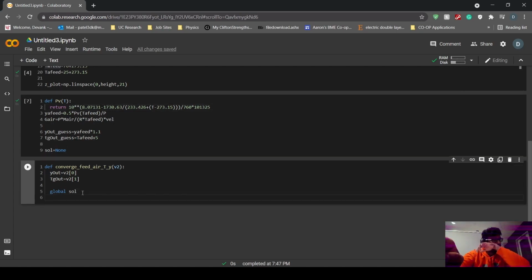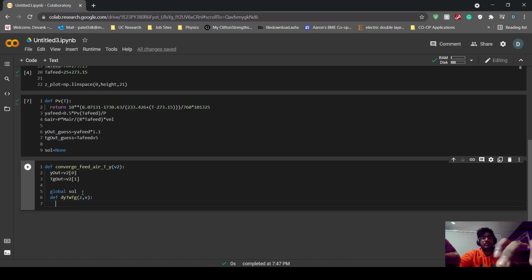And inside of this function, we're going to nest another function. So we're going to say define dy, tw, and tg with two variables, c and v. And what this function is going to be able to do is define the 3 differential equations that we already solved for on the whiteboard, and we're able to use the initial value problem solver to solve the equations.